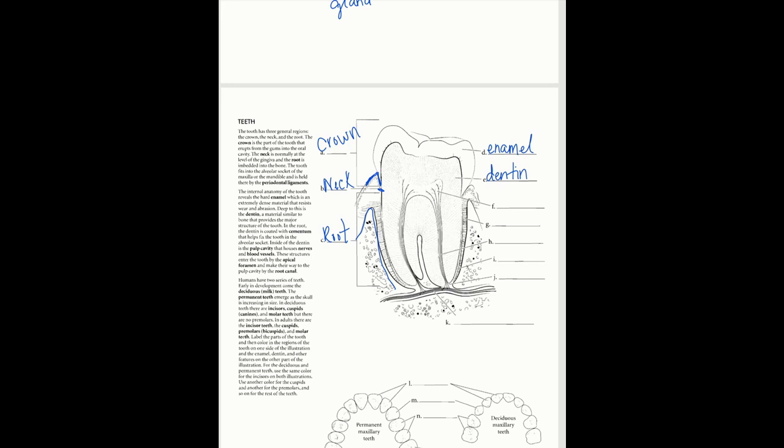But then dentin actually has nerve fibers going through it, and so it can be very sensitive when exposed to hot and cold temperatures. It can actually be quite painful. You have a cavity here that's outlined by F. This is called the pulp cavity.